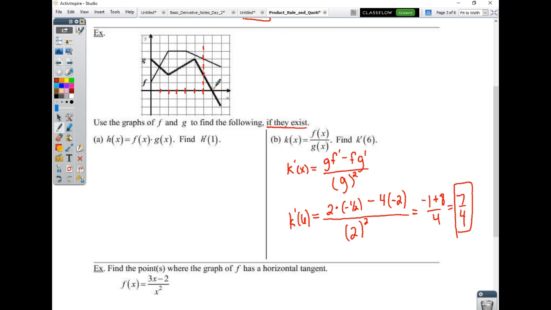Why would k be undefined at x equals 7? K prime of 7 would be undefined.